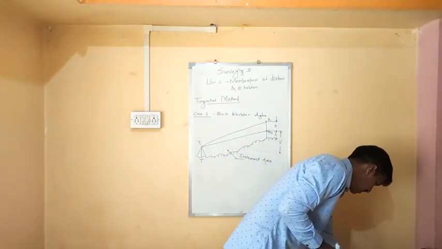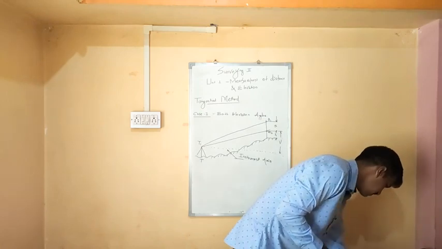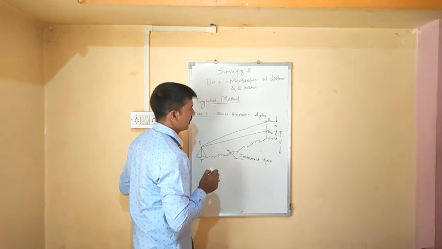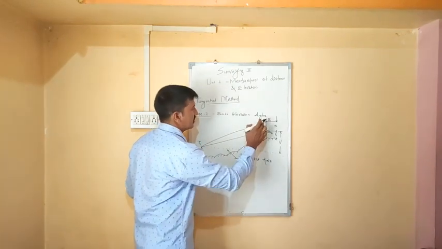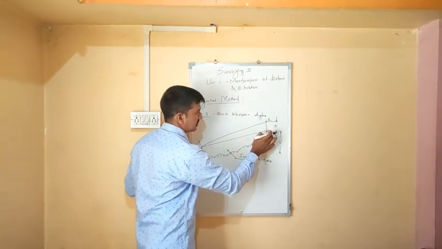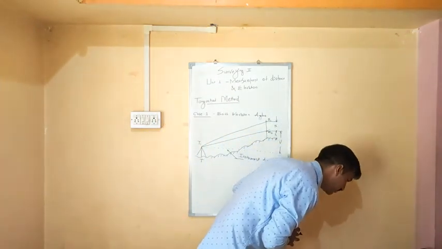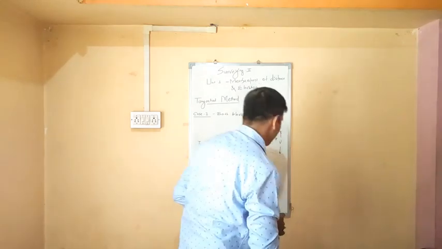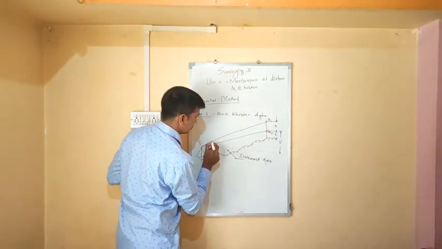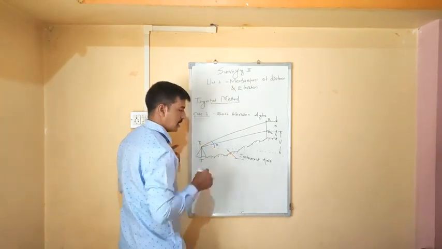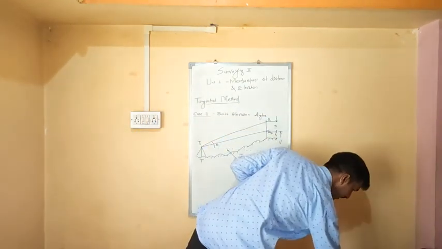For case number 1, we will have two angles, one with B1 and the second one with B2. So those two rays will make two different angles. The higher angle is theta 1 and the lower angle is theta 2.